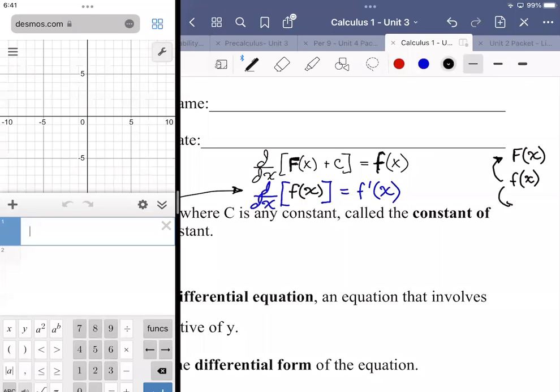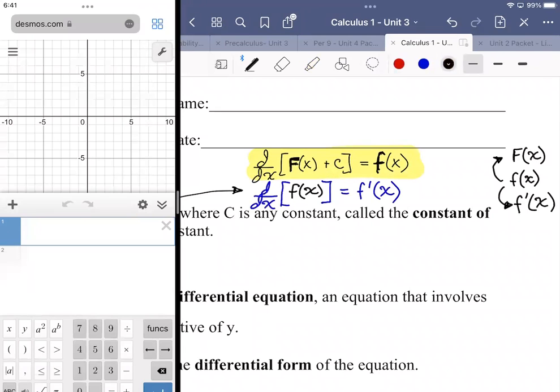If you go forwards from f of x, you get the derivative. The equilibrium is f of x. Swing in one direction, you go to the antiderivative. Swing in the other direction, you go to the derivative.